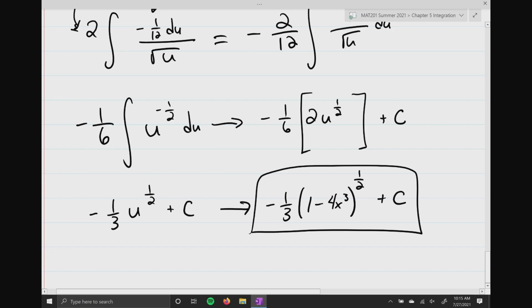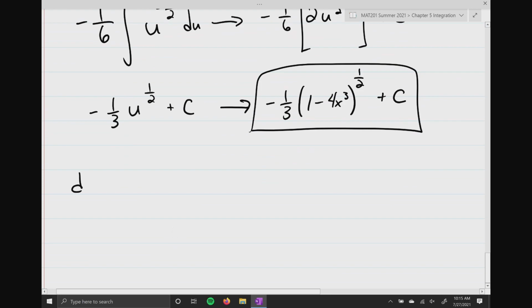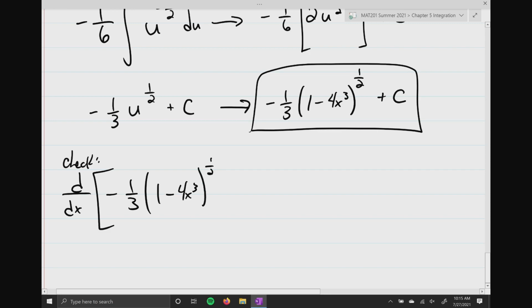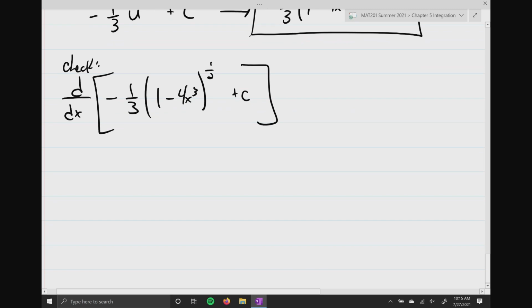Now remember, to check yourself, differentiate your solution. So let me just write the word check. So we're going to find a derivative of negative 1/3 times 1 minus 4x cubed to the 1/2 power plus c. So I'm just going to speed this up a little bit. So our derivative is going to equal, well, we pull the 1/2 out front.